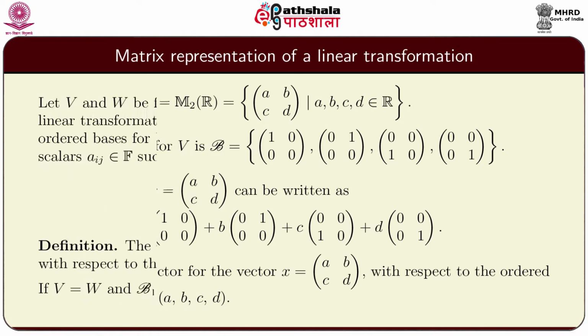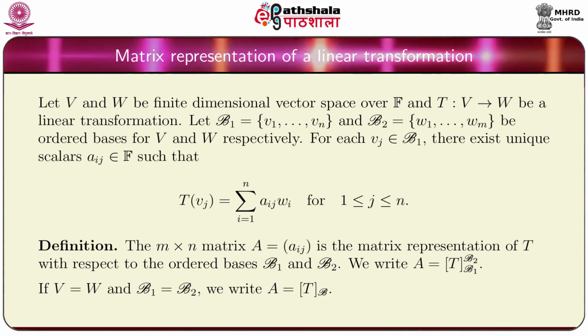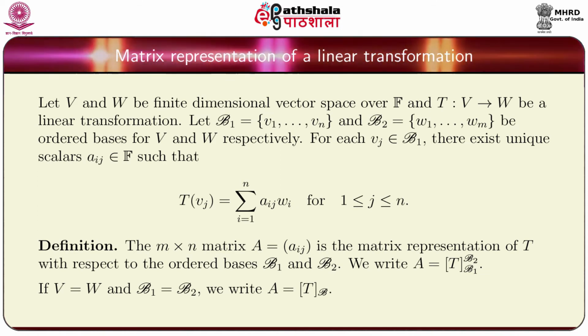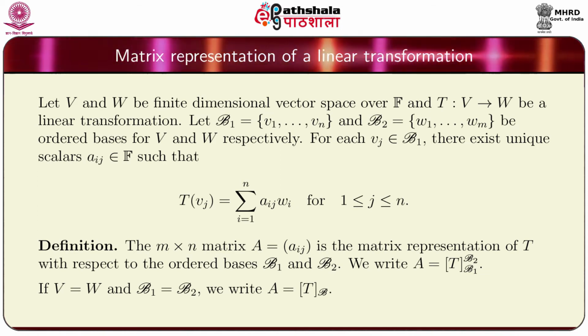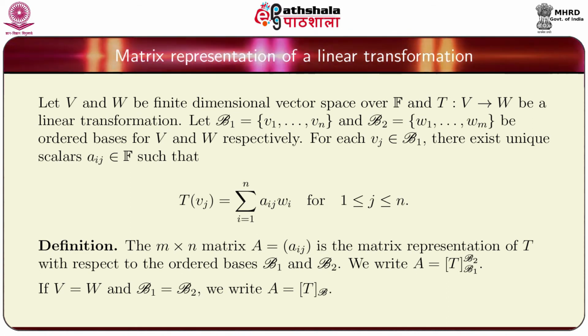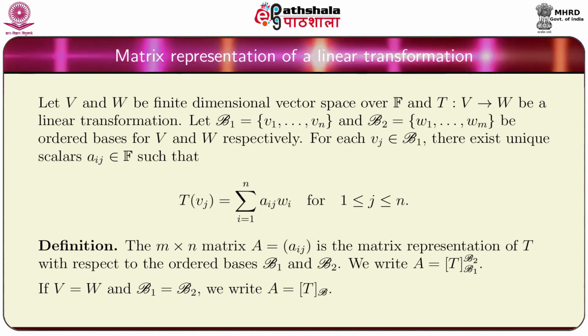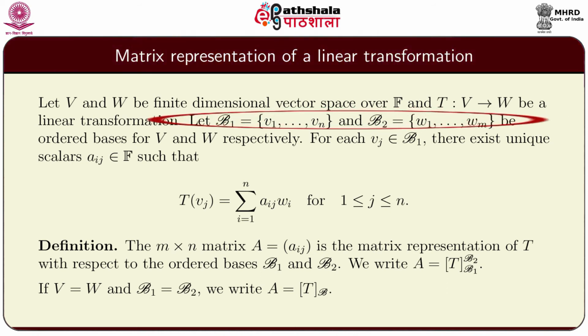Suppose that V and W are 2 finite dimensional vector spaces over F, and T a linear transformation from V to W. Let us fix two ordered bases for the vector spaces V and W and name them as B1 and B2. So, B1 is the set of vectors v1 to vn and B2 is the set of vectors w1 to wm.